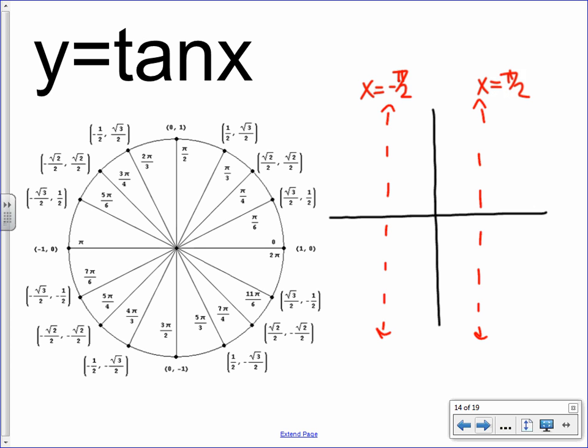And it looks like this. What's the distance between each of my asymptotes?